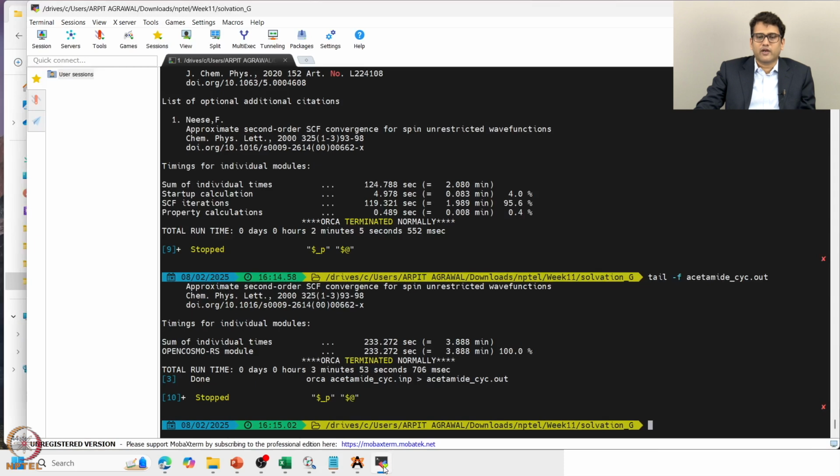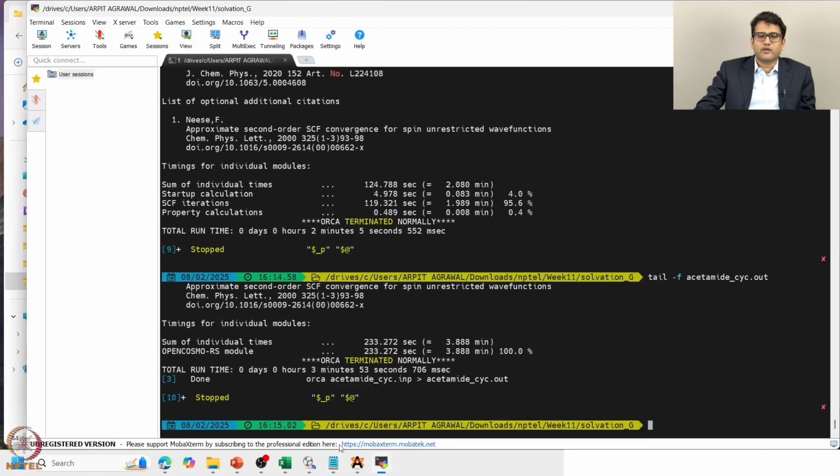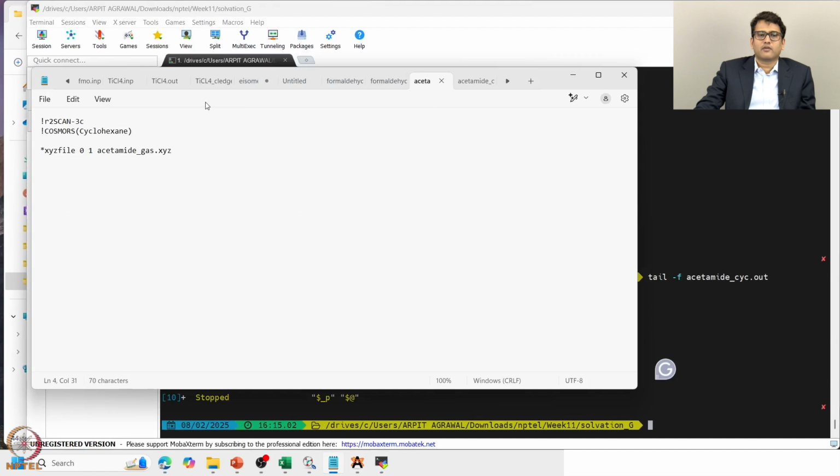Now, we have done it for the cyclohexane. We have to do the same thing for the water. So, I will redo the calculation as water.